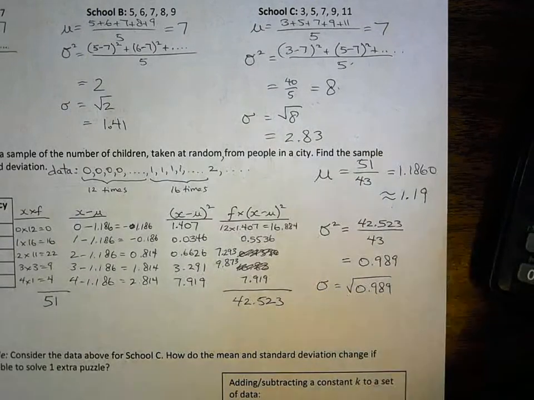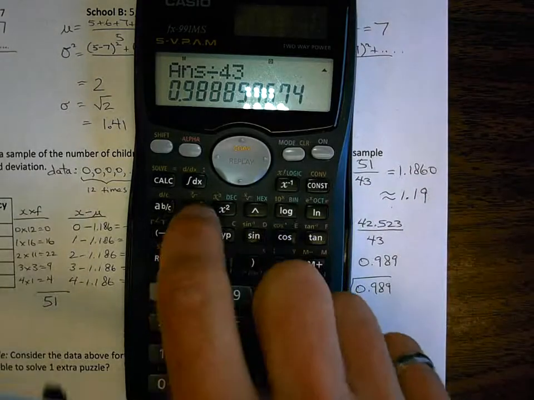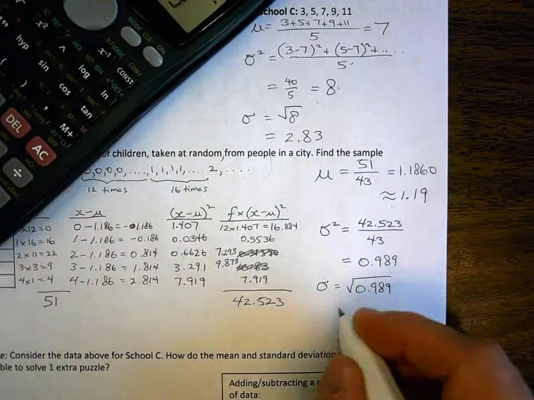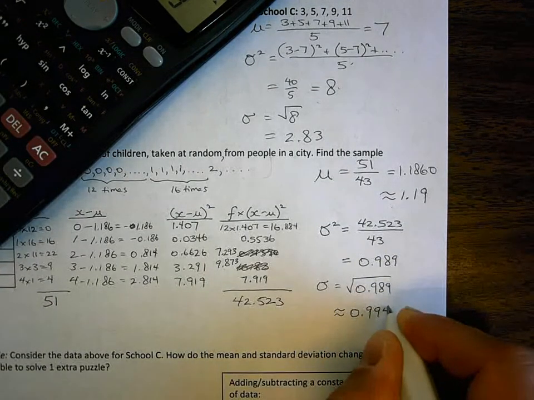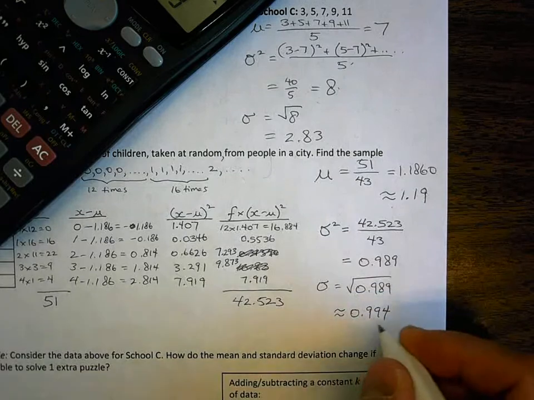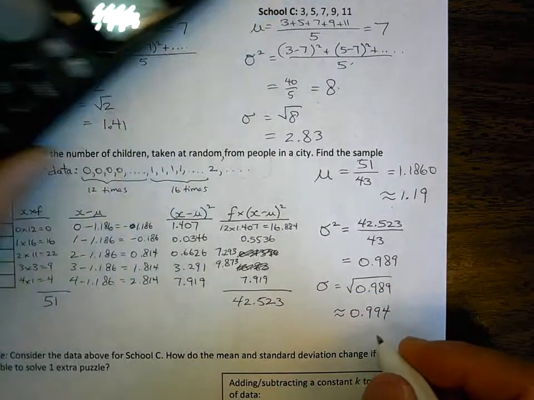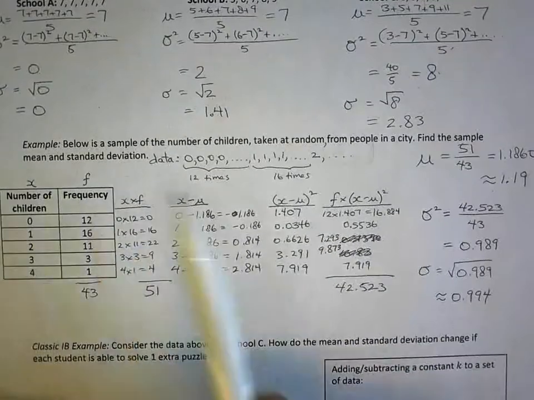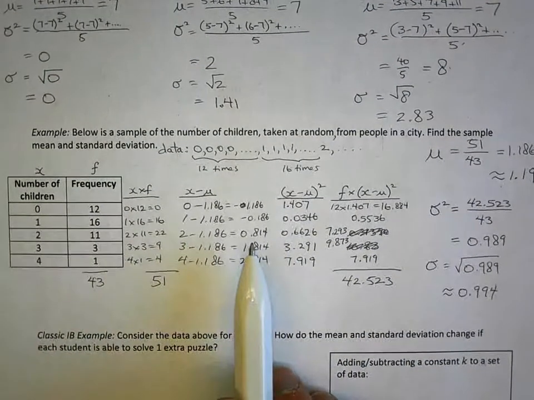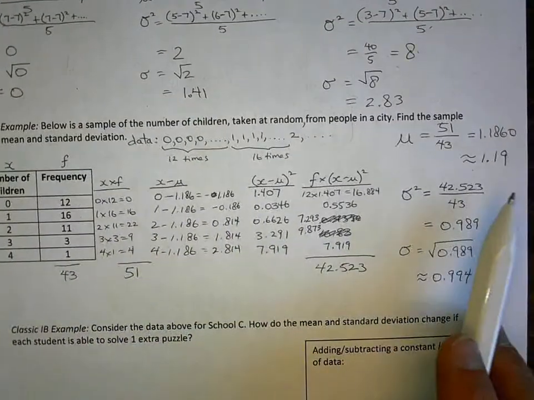So I just take the answer, it's still in my calculator, I type square root, and I get a standard deviation of 0.994. So for this city that we just analyzed, the average number of children is 1.19.